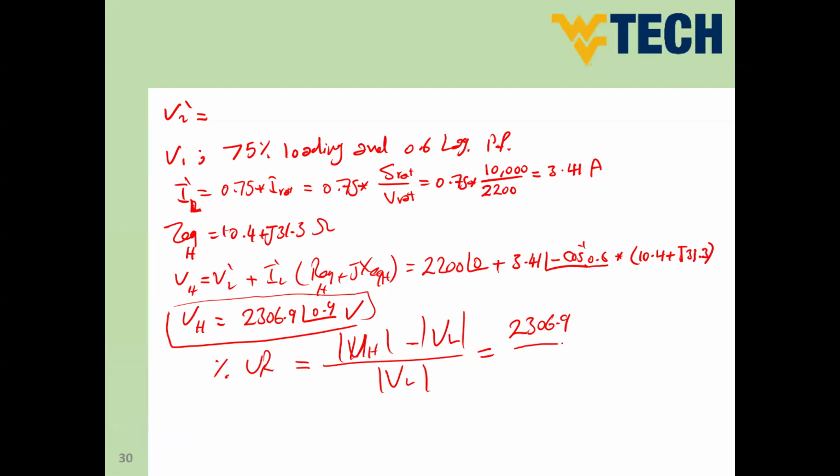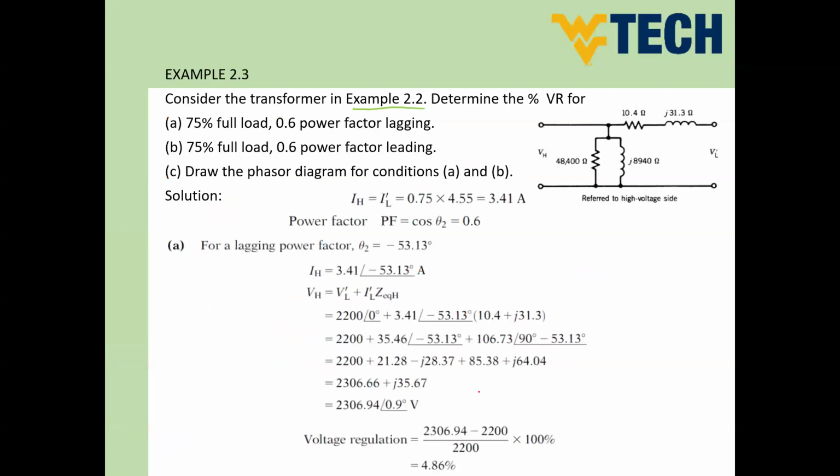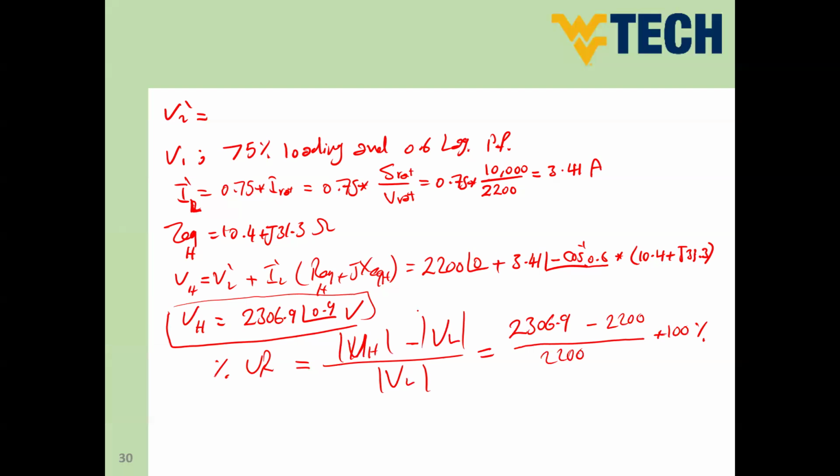So 2306 minus 2200, divided by 2200 and multiplied times 100 in percent. So you would get 4.86%. So this is the percent volt regulation of this transformer in case of that loading condition.